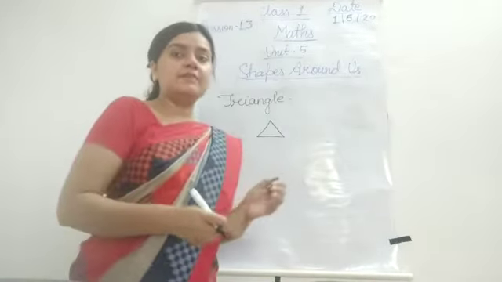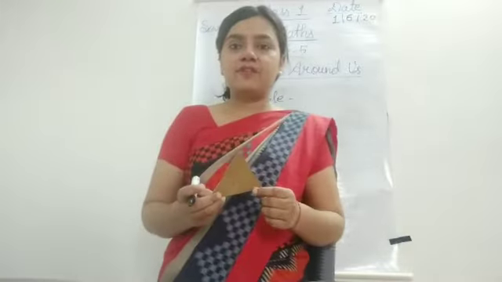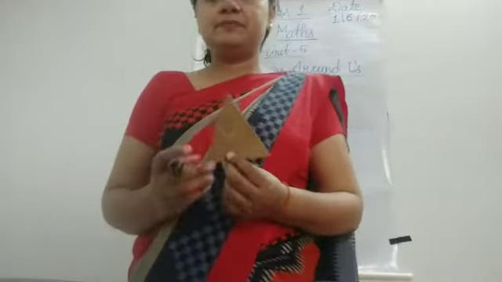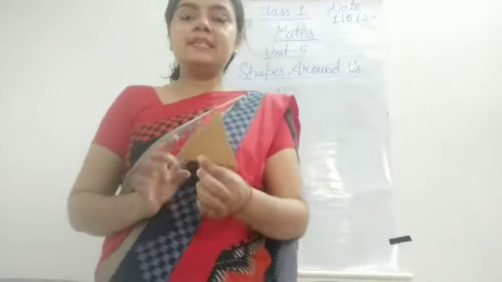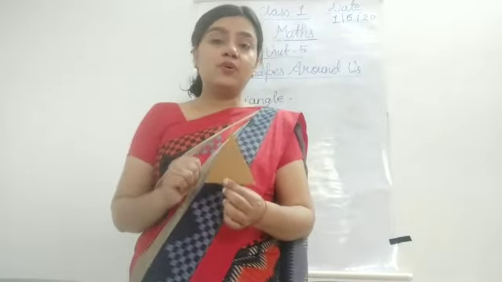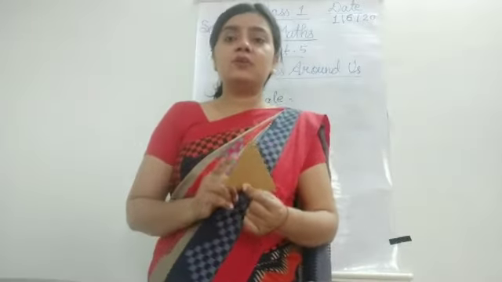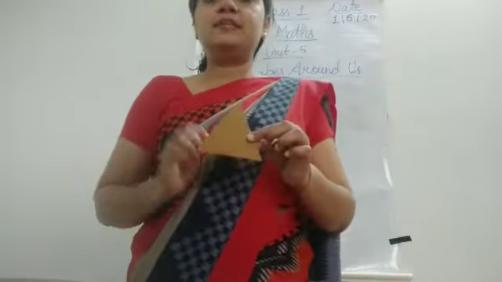Okay, let's see. In here you can see one triangle in my hand. Let's see what features a triangle has. In a square, four sides are there, and in rectangle also. But in triangle you will see only three sides are there.